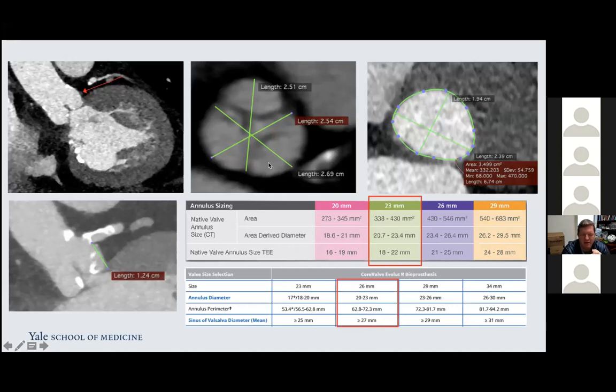When you think about what we're doing in this case, we're taking the prosthetic valve, we're inflating it or deploying it, and we're pushing the native leaflets out to the side. And as we push those native leaflets out to the side, when you have a small sinus like that, there becomes a little bit of a risk of obstructing the coronaries, especially if this size is small, and especially if the coronary heights are small.